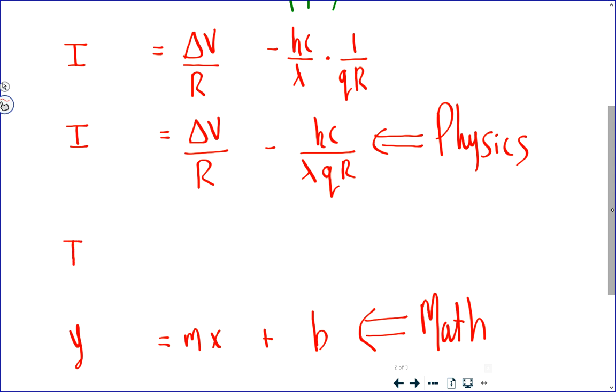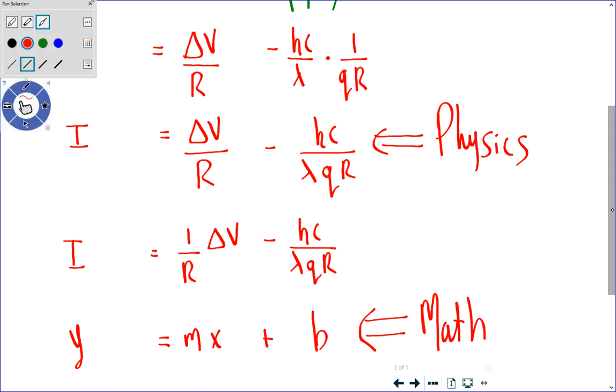I'm going to write it as I equals 1 over r multiplied by delta v. Delta v over r is the same as 1 over r times delta v. Then minus hc over lambda q r. And now we can do a direct comparison.